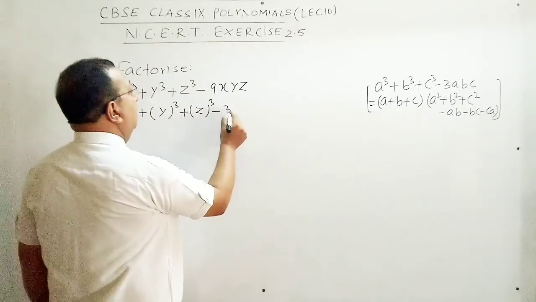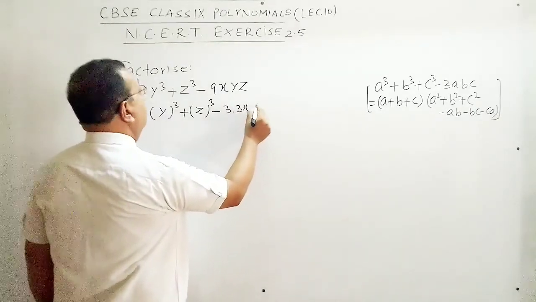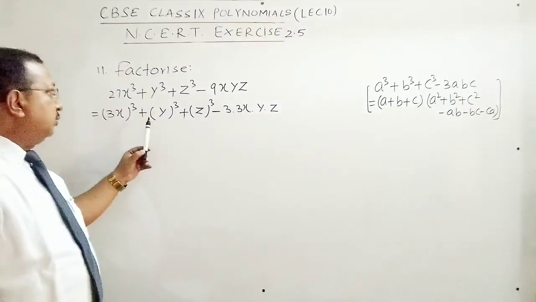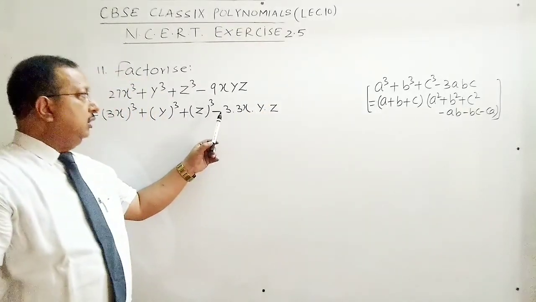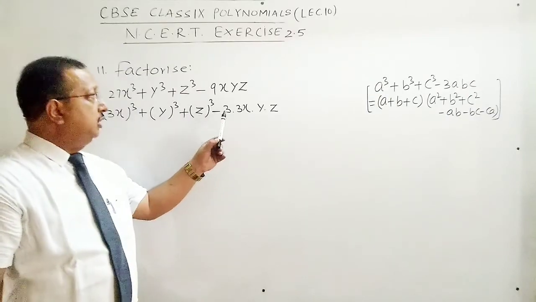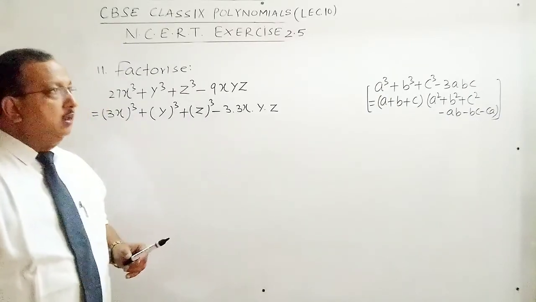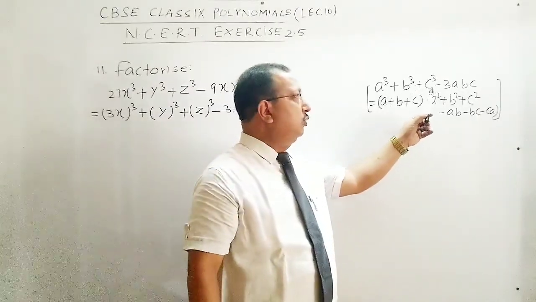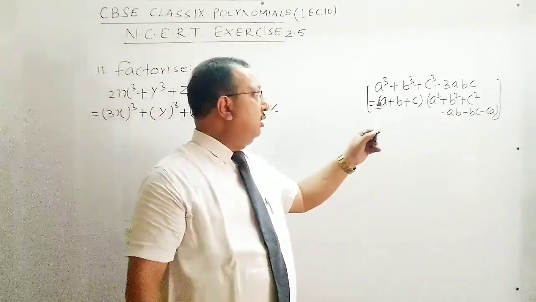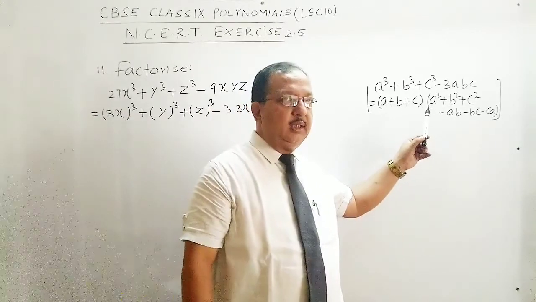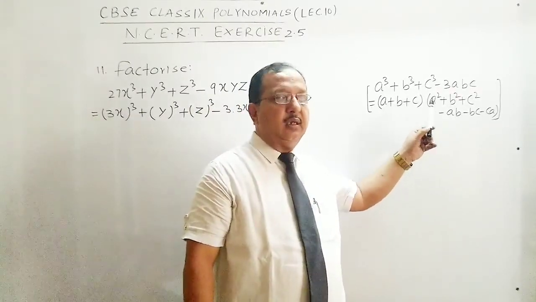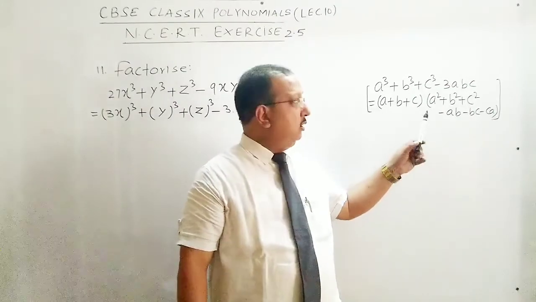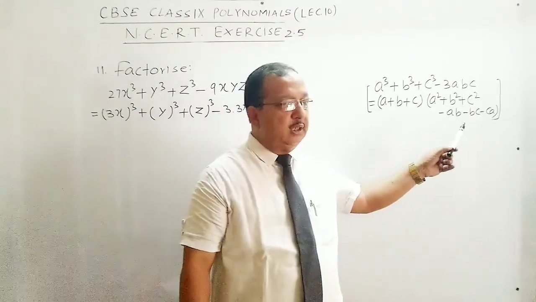3abc. a cube plus b cube plus c cube minus 3abc, 3 3s are 9xyz. The identity a cube plus b cube plus c cube minus 3abc is a plus b plus c in one bracket and the other bracket a square plus b square plus c square minus ab minus bc minus ca.